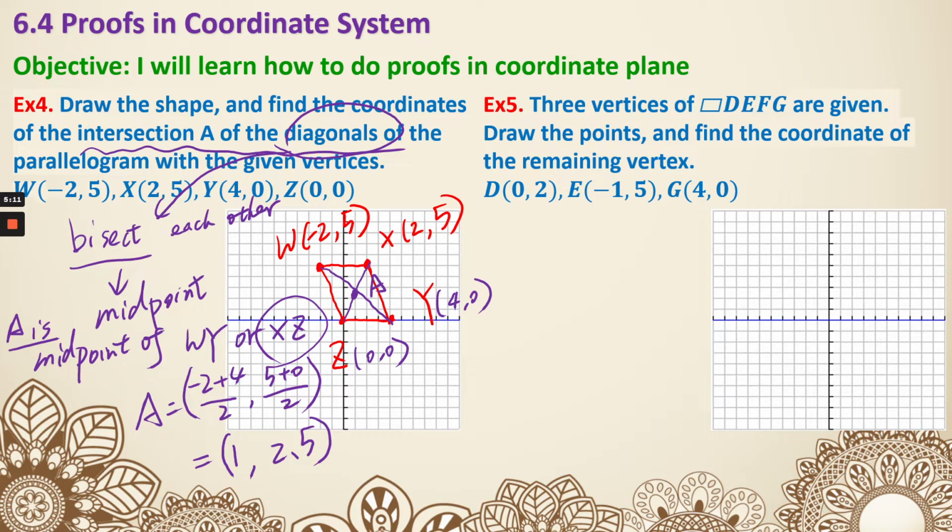Next, example 5. D is at 0, 2. E is at negative 1, 5. G is at 4, 0. And I'm going to connect them.